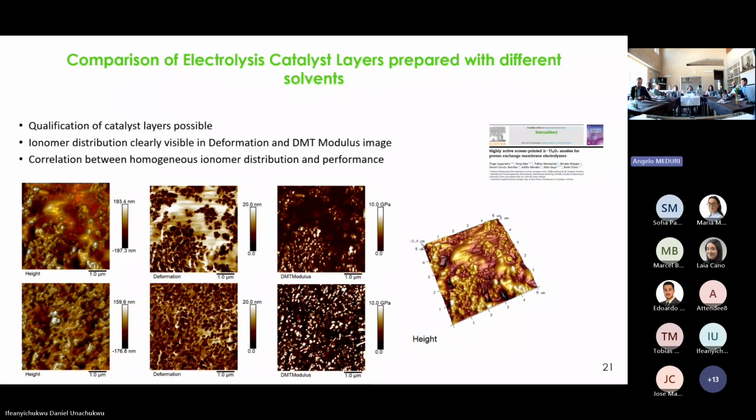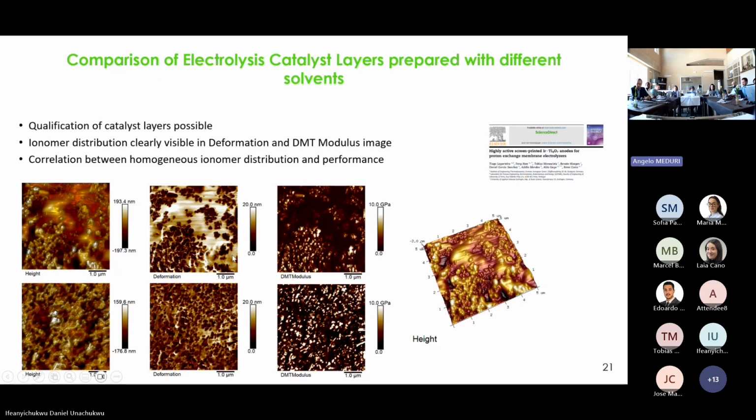Shown here is a proton exchange membrane electrolysis measurement, where you can see the height measurement, deformation, and stiffness, used with 2 different solvents. In the upper one, the black is the catalyst, and the right one is the ionomer.